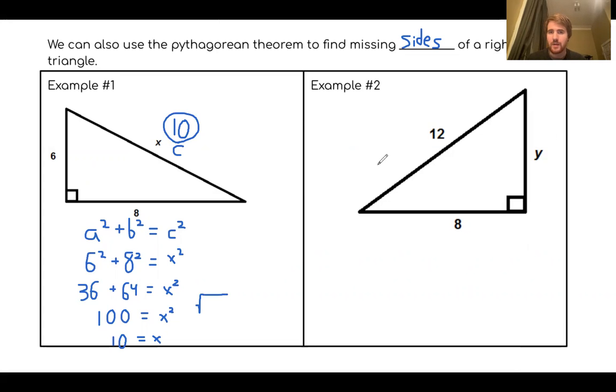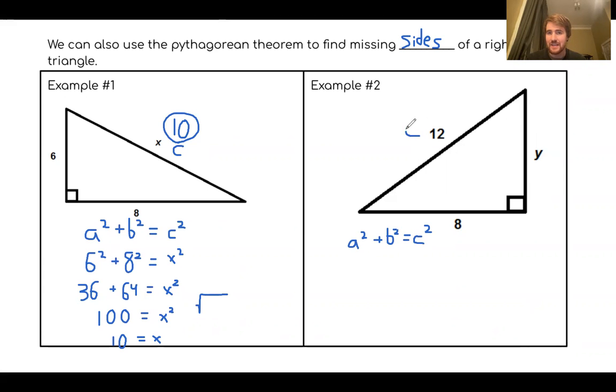All right, let's look at this second example, which I have covered by my camera. Okay, again, we have a triangle. We are going to use a squared plus b squared equals c squared. And it's important to note c is always the hypotenuse. That doesn't mean it's always going to be the variable.